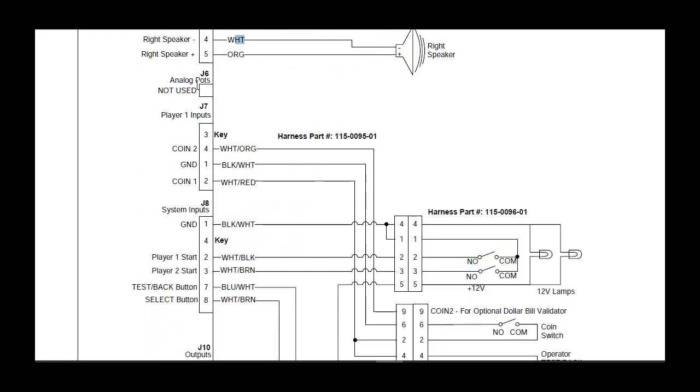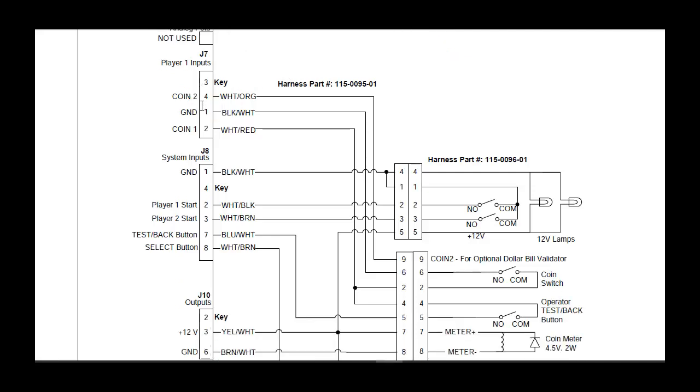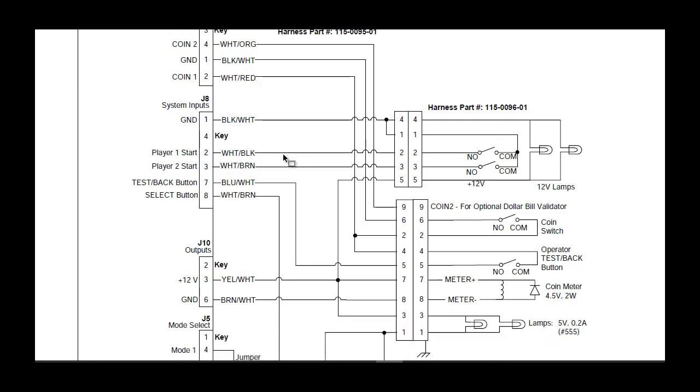We just need this if you are connecting the main menu as a catalog. Here the player button, player 1 start. The cable is usually white and black. Here white and brown for player 2.